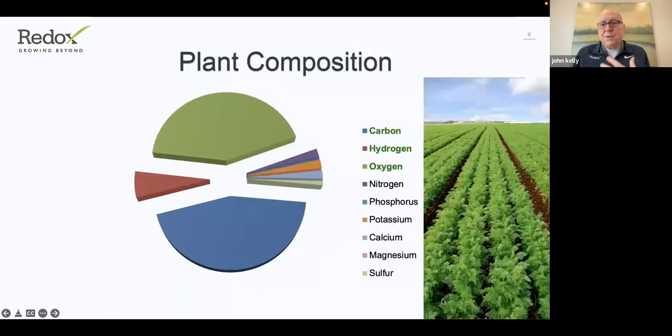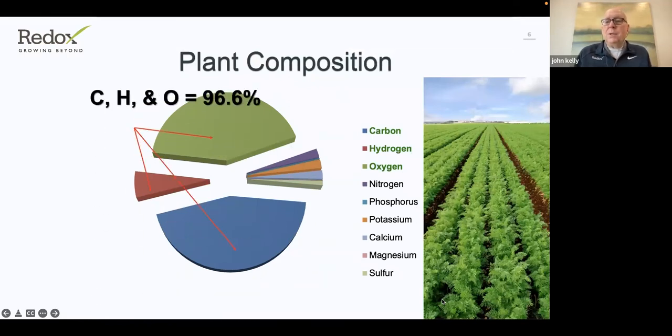While nitrogen is a very important nutrient and macronutrient, when we look at the overall plant composition, about 97% of what a plant is made of is just carbon, hydrogen, and oxygen. Nitrogen is a relatively small portion of a plant's total composition.